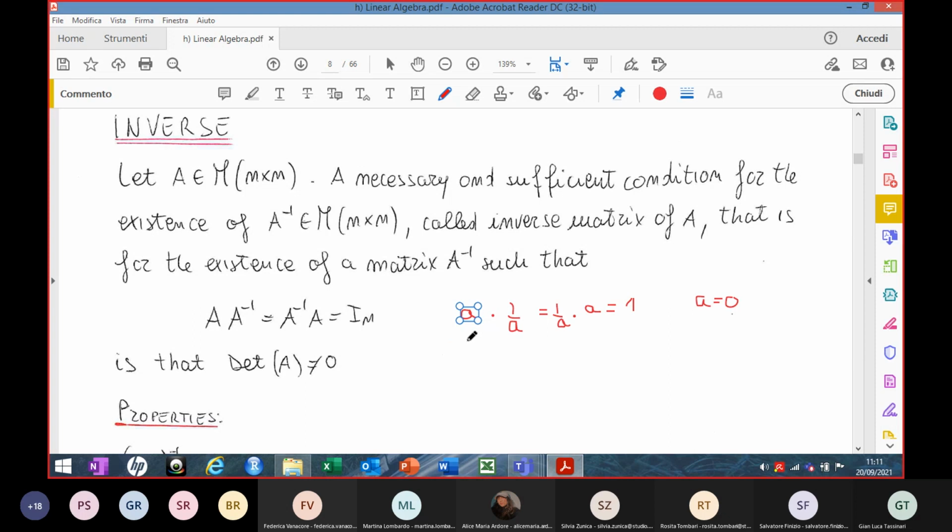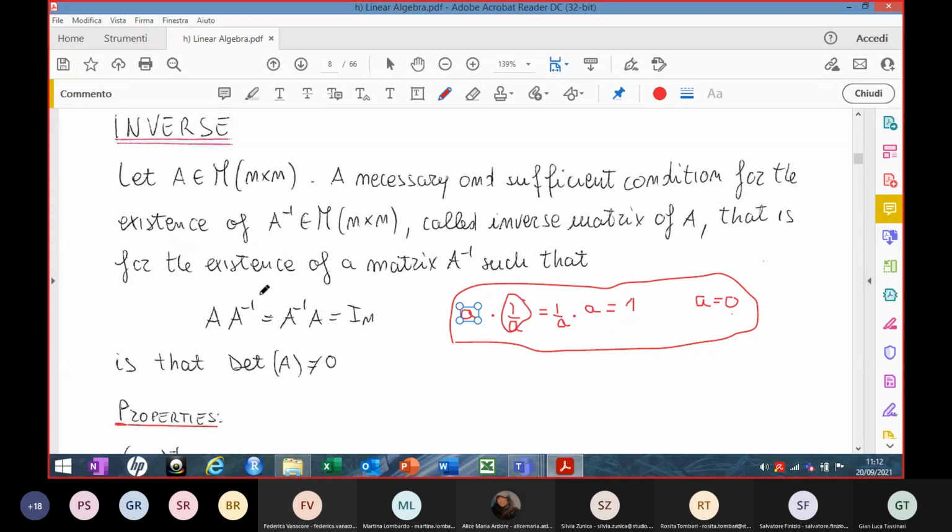So what 1 over A is for numbers, A to the minus 1 is for matrices: the reciprocal of a matrix. This is the concept of a reciprocal of a number, and the corresponding concept for a matrix is represented by A to the minus 1.